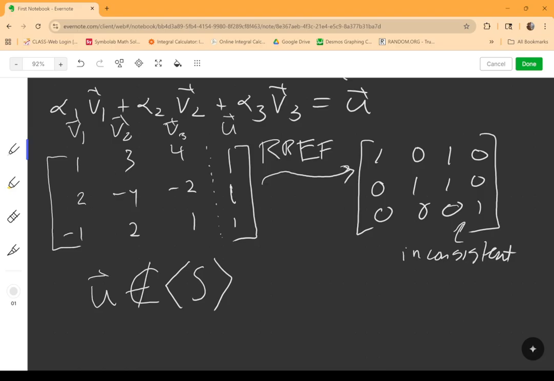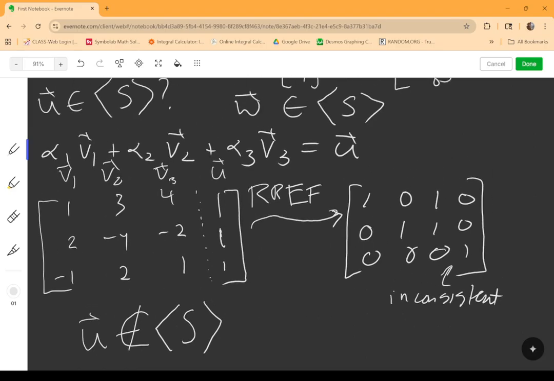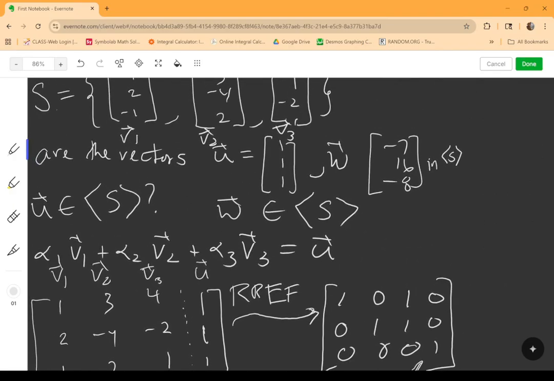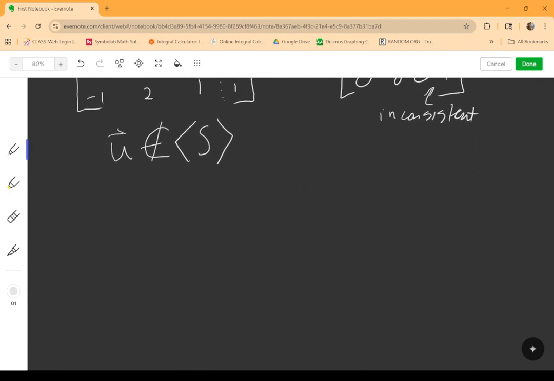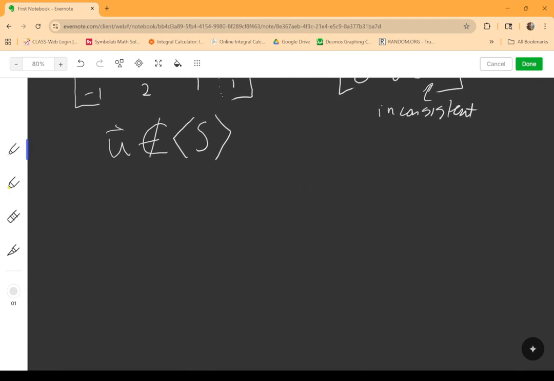All right, so now let's check W. W is negative 7, 16, negative 8. I do the same thing. The first three columns in my augmented matrix are going to be the same.